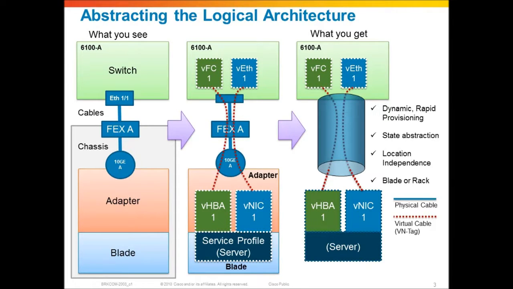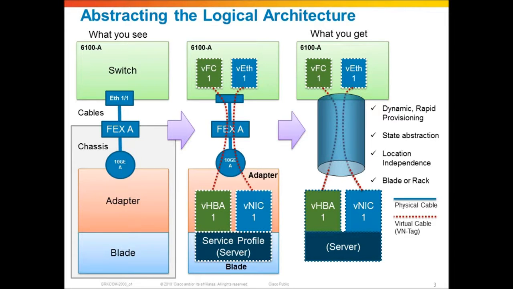So what you really get at the end of the day is this here on the right side, this logical architecture, and the fabric extenders, the physical ports on the adapters, the physical adapter itself, the physical switch port on the UCS manager. All of that really looks like a conduit carrying these virtual cables from the virtual HBAs or NICs up to their virtual switch ports on the Fabric Interconnect.